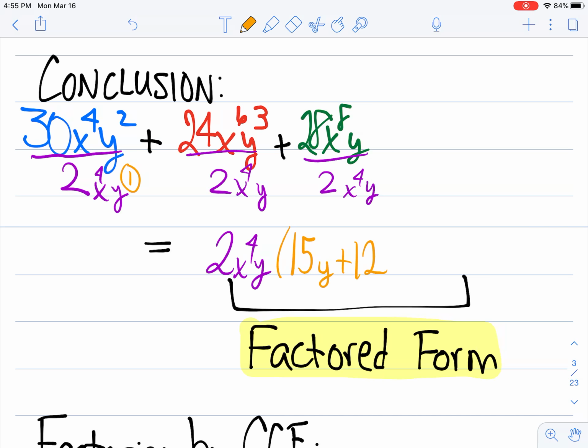And x to the sixth divided by x to the fourth is going to be x squared, 6 minus 4. And then again, 3 minus 1 is going to be y squared. And then 28 divided by 2 in the last term is 14. x to the eighth divided by x to the fourth is x to the fourth. And then y divided by y cancels out. That, ladies and gentlemen, is the factored form of this polynomial.